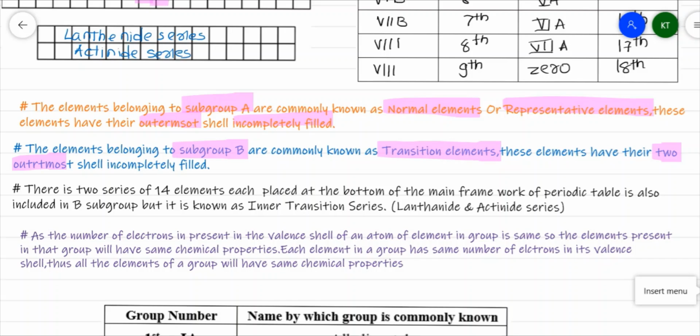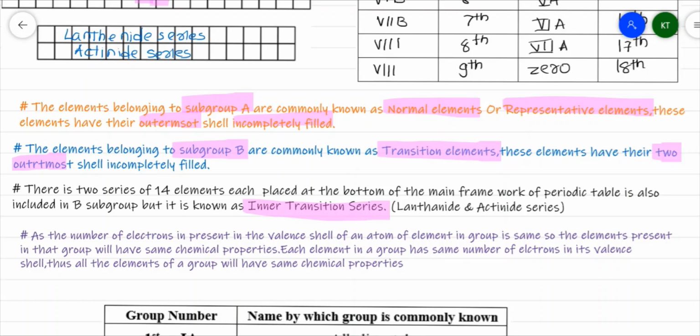These are the group of 14 elements which do not find place in the main framework of the periodic table. They are placed at the bottom in two separate series, and they are generally called inner transition elements.